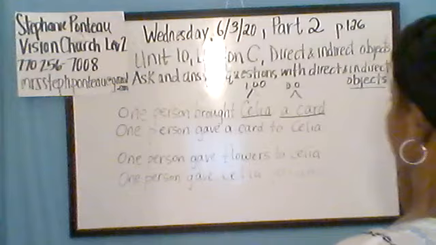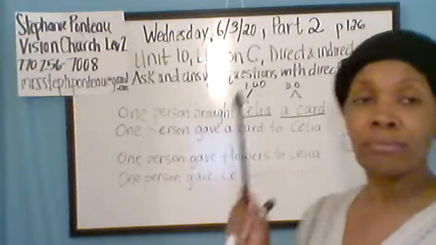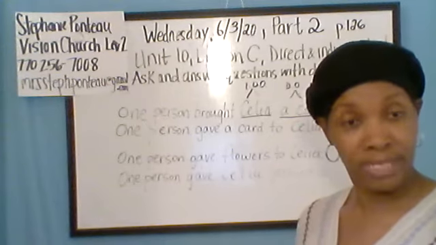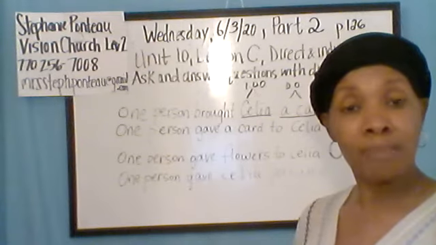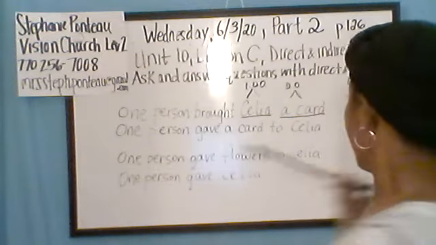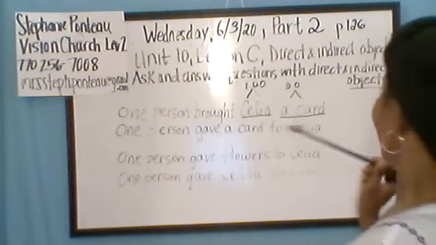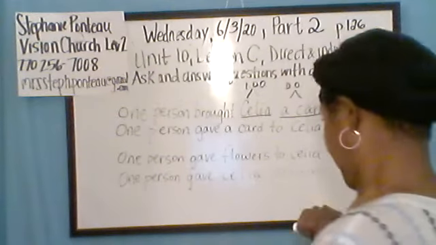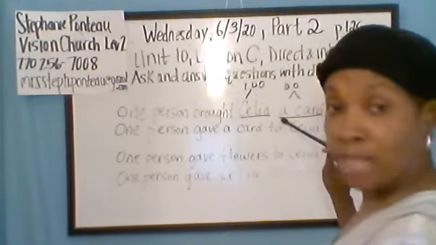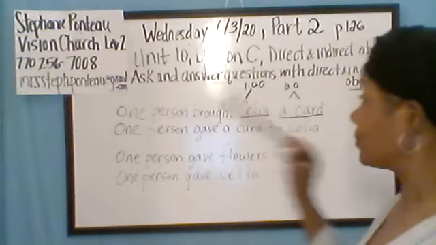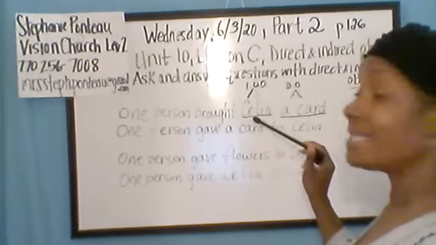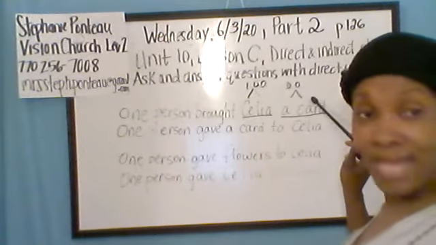Now, remember we're talking about objects. In grammar, which is what we're learning today, the object receives something. We've got a direct and an indirect object. The direct object receives the action from the verb. And then the indirect object receives the direct object.